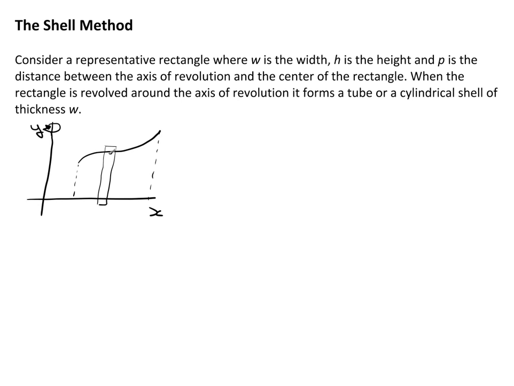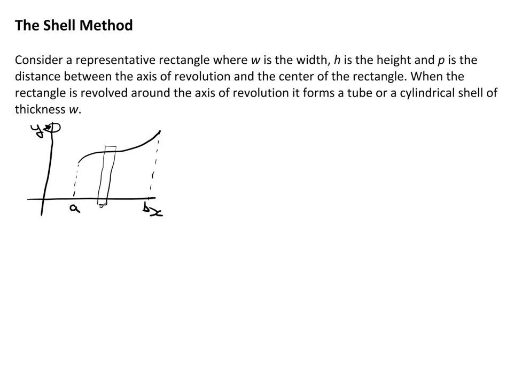And if I make this rectangle infinitely small and move it all the way from, let's just say, A to B, then I would have the total volume that's spun around the y-axis.